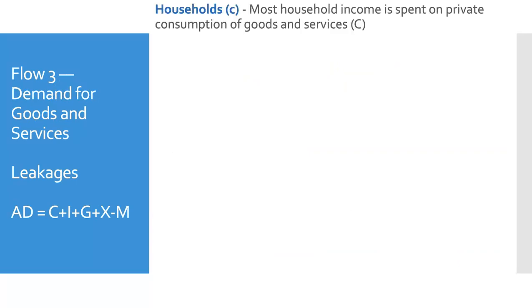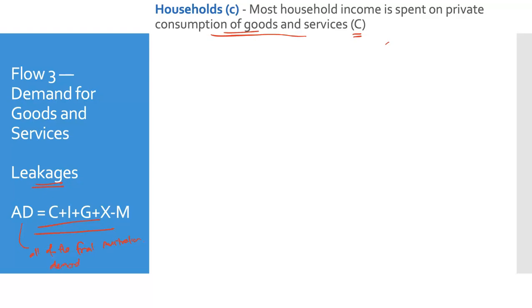Let's have a look a bit more at these leakages, and potentially also look a bit more at this aggregate demand formula, which we will go into in more detail in a separate video. Aggregate demand equals C, and most household income is spent on the private consumption of goods. So aggregate demand is all of the final Australian demand.